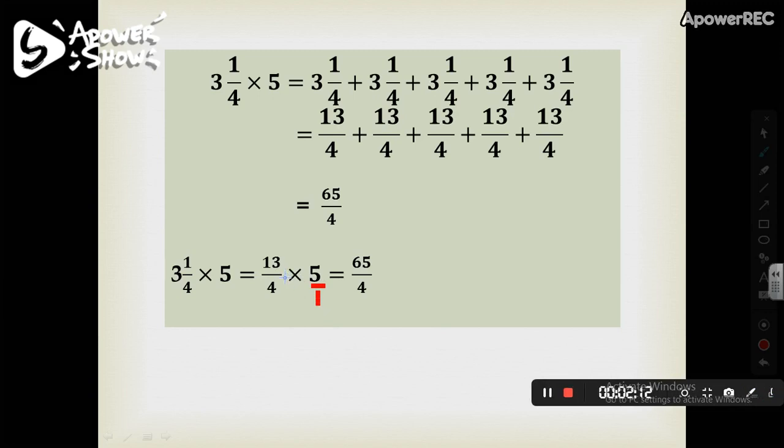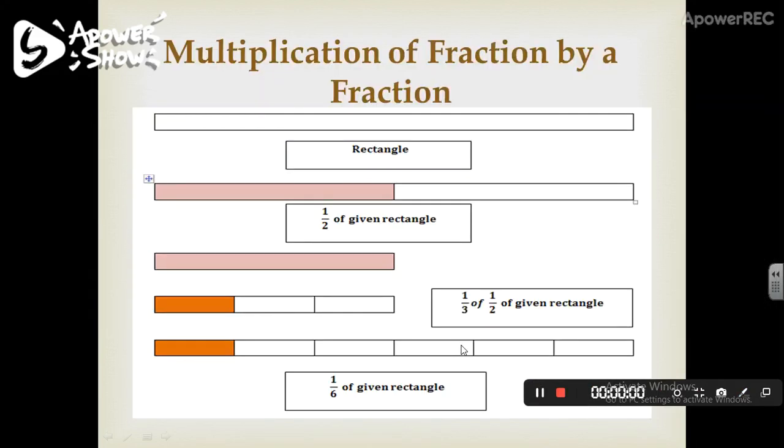So I am multiplying the numerator by numerator and denominator by denominator. 13 multiplied by 5 equals 65 and 4 multiplied by 1 equals 4. Or you can say you just have to multiply the numerator by the whole number and the denominator will remain unchanged. In this way you can find the product of a fraction by a whole number.